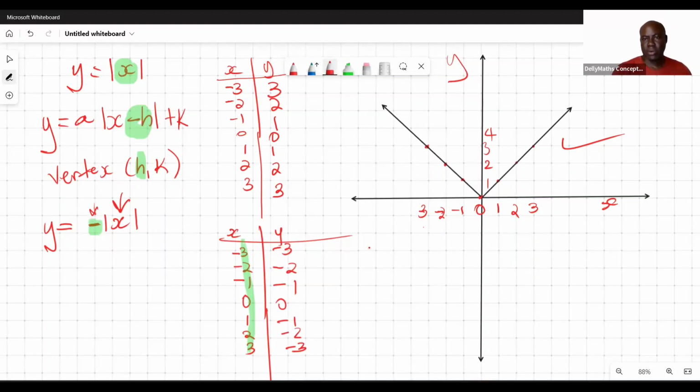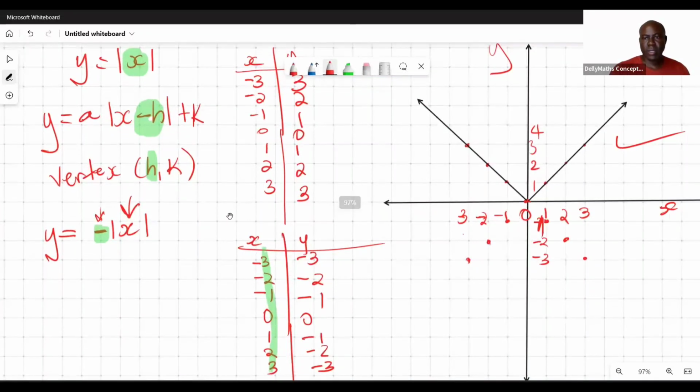Let's go ahead and plot these points. -3 with -3, so let me put -1, -2, -3. -3 with -3 is here. -2, -2 is here. -1, -1; 0, 0; 1, -1; 2, -2; 3, -3.